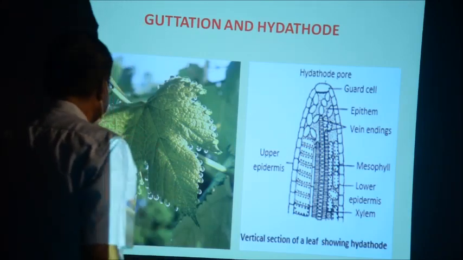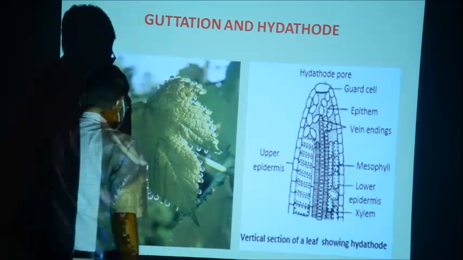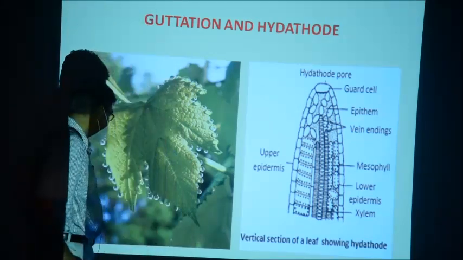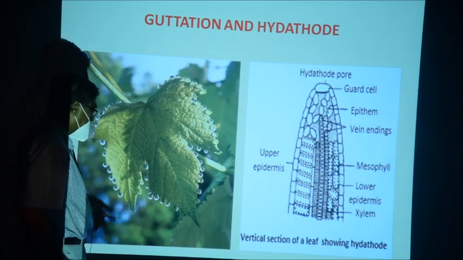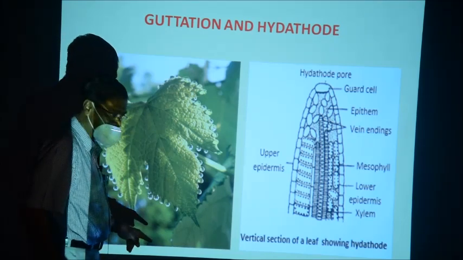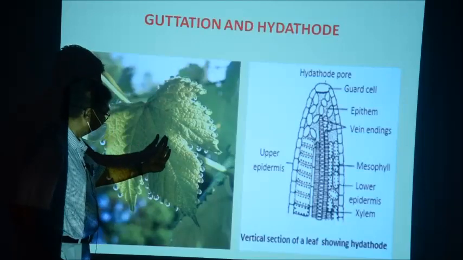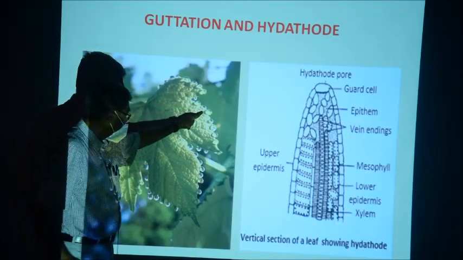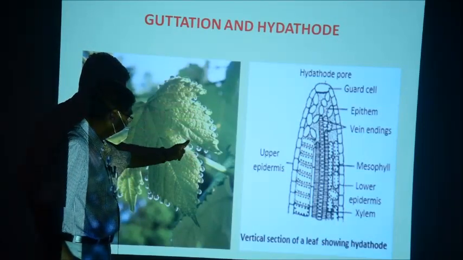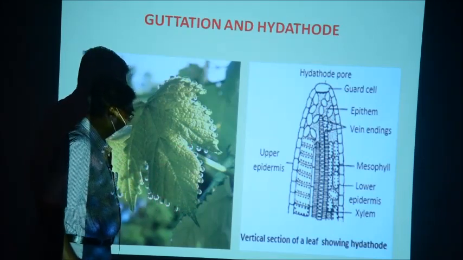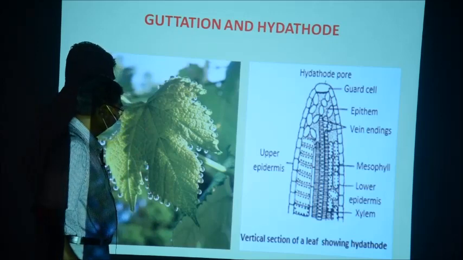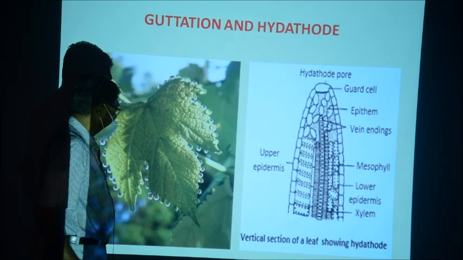Now, then comes guttation. Guttation is not transpiration. There are certain plants, you can see this diagram, in which water drops are seen at the edges of the leaves. These are water droplets, formed by a process called guttation.